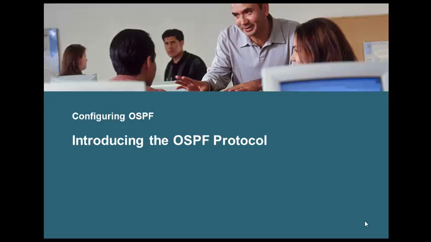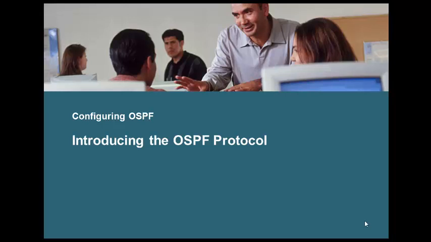The reason why we say open is because it is a routing protocol built using an open standard algorithm called SPF. SPF, which is also called Dijkstra's algorithm. That's how we have to say Dijkstra, just the name of the person.